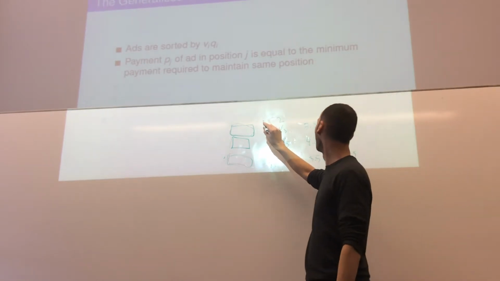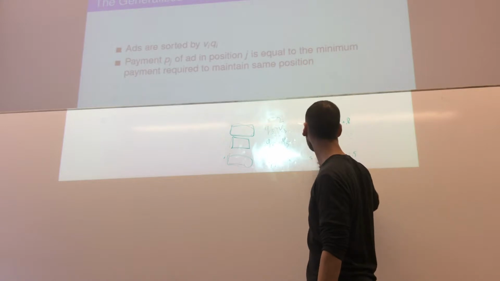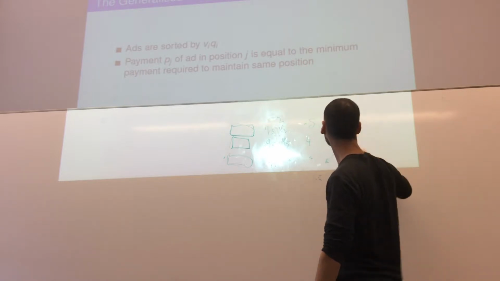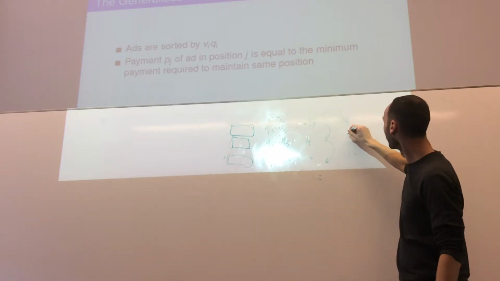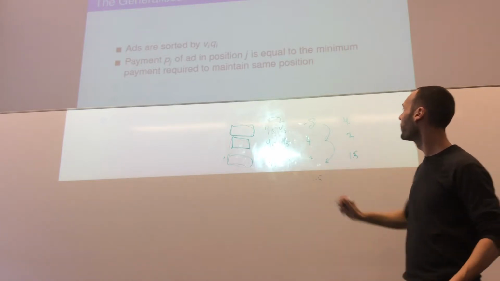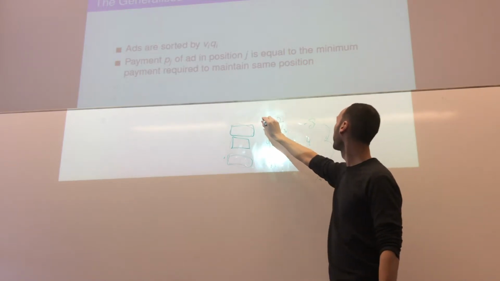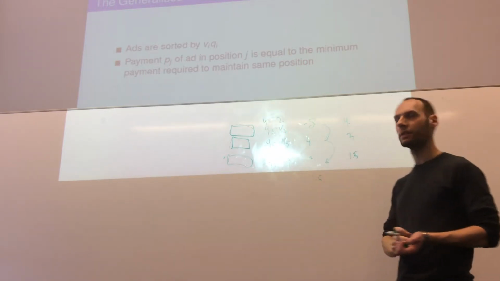So let's make these nice round numbers. Here, suppose the value was 2, and my quality was 4.